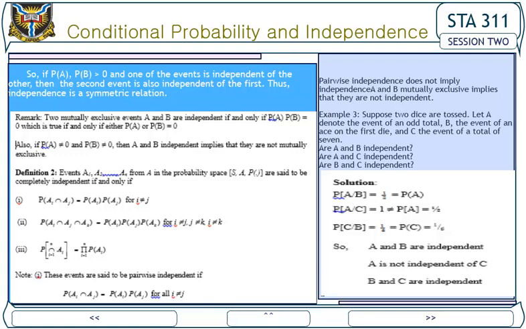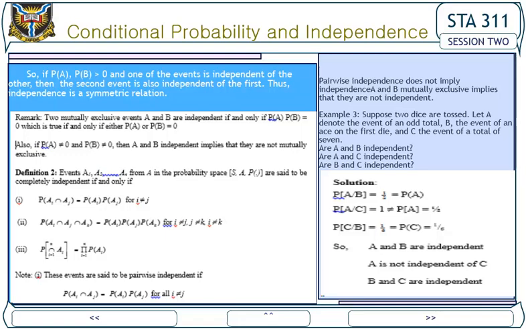P of (AI intersection AJ intersection AK) is equal to P of AI times P of AJ times P of AK, for I not equal to J, J not equal to K, I not equal to K. 3. P of the intersection of AI, for I equal to 1 to N, is equal to the product over I equal to 1 to N of P of AI.